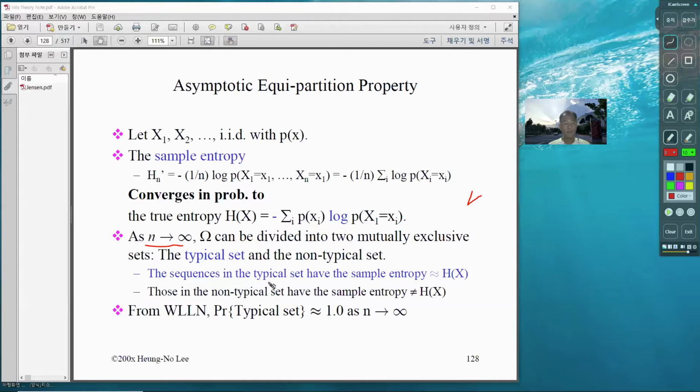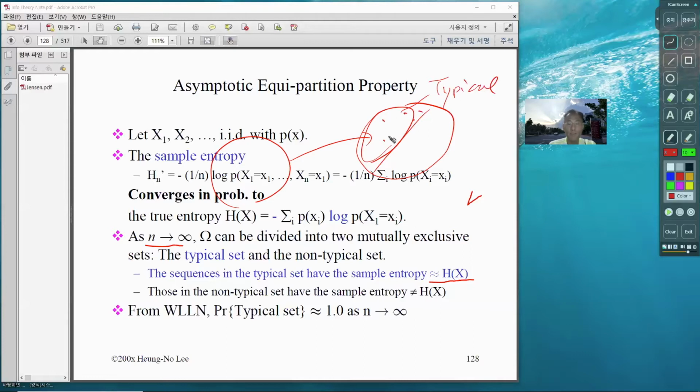The sequences in the typical set have the sample entropy H(X), while those in the atypical set have a sample entropy not equal to H(X). So the sample space can be divided into two sets, where convergence occurs in one, and such a set is called a typical set.